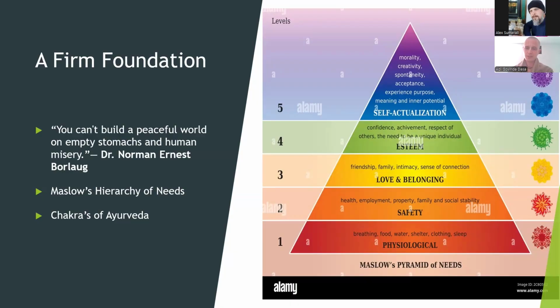That generally speaking, people need to meet their physiological needs first, their basic needs, their survival needs, in order to have opportunities to explore different areas of human experience. Moving into the second stage that you see on this slide here, health, employment, family, and upward, accumulating in self-actualization.